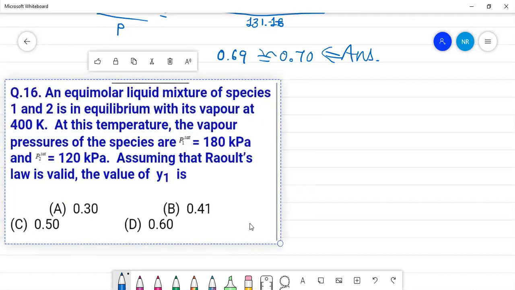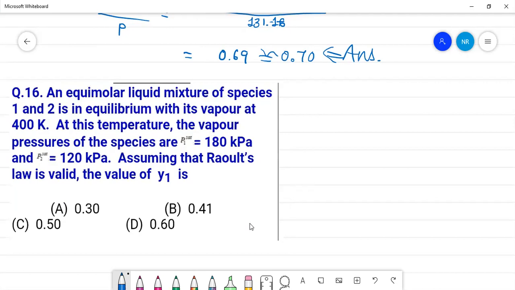Okay. The example is an equimolar liquid mixture of species 1 and 2, GATE 2010. So equimolar means x1 is equal to 0.5, x2 is also 0.5.